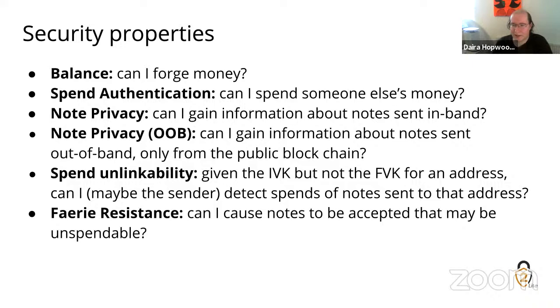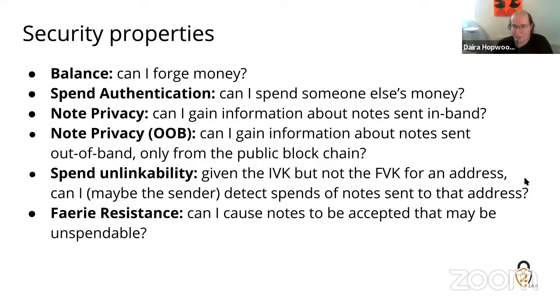Then there are the privacy properties like, can I gain information, for example, from the note ciphertexts that are sent on the blockchain? Or can I derive information from note commitments or nullifiers? We split this into several properties just in order to get stronger properties when the adversary doesn't know certain information.